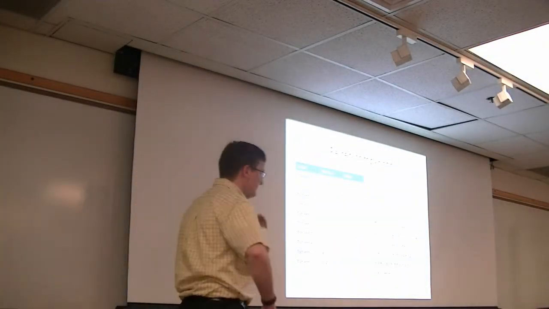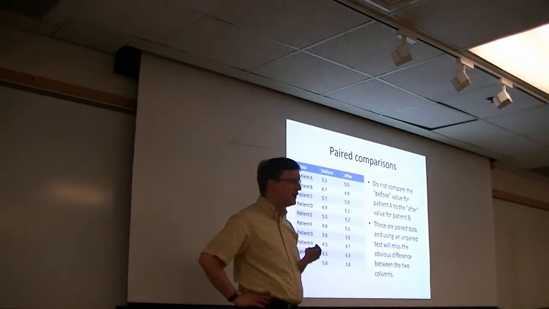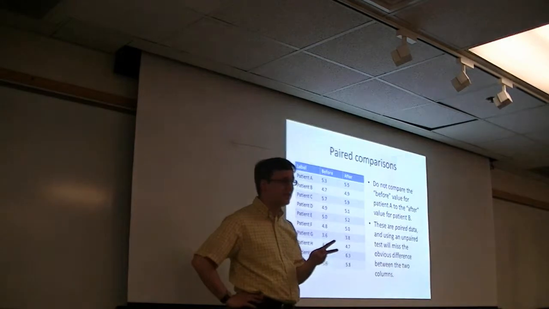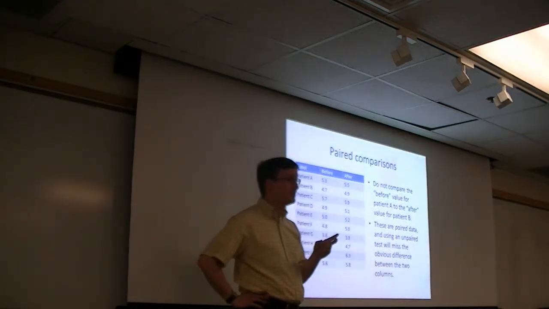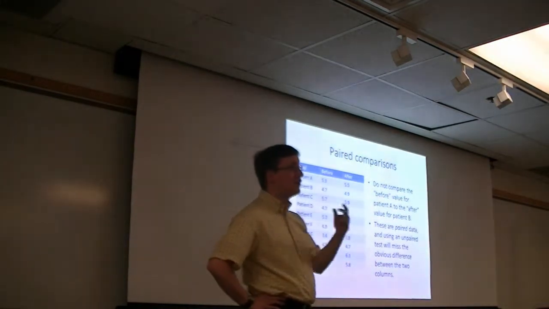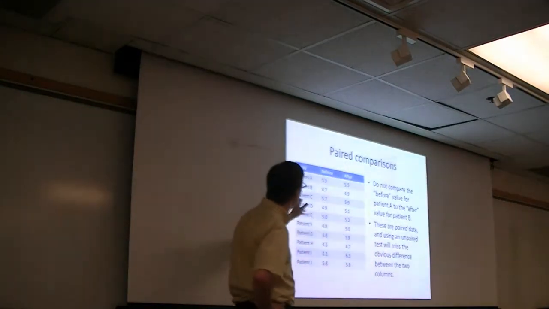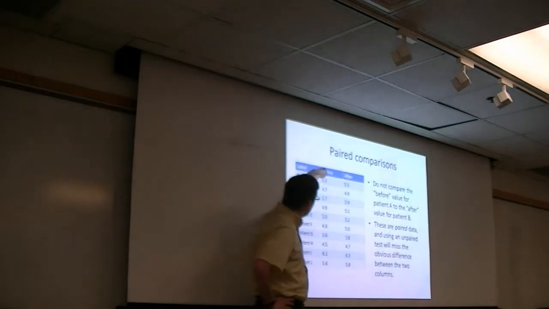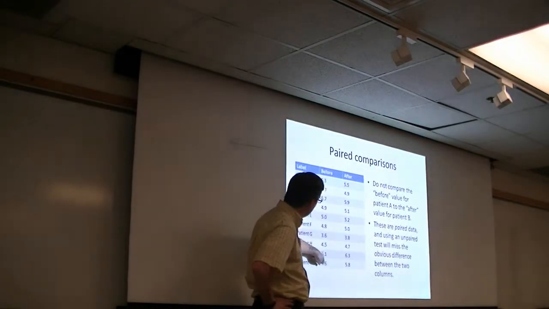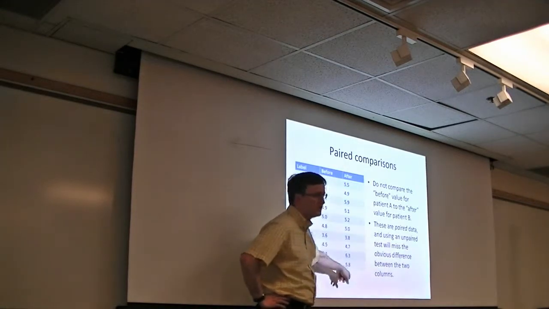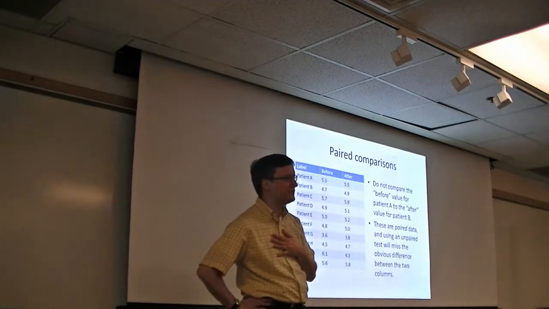So, a lot of people don't really think about the difference between a paired t-test and a standard t-test, and you really need to pay attention to that because using a non-paired t-test on paired data can lead to really weird results. So I would note that if you were to look at all of the before measurements, you get some sort of distribution out, and if you look at all of the after measurements, you get some sort of distribution that falls out of that.